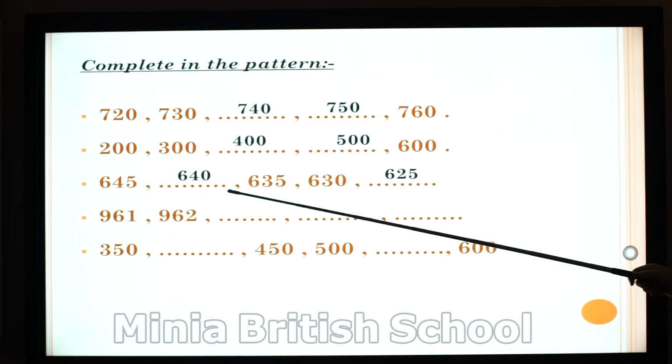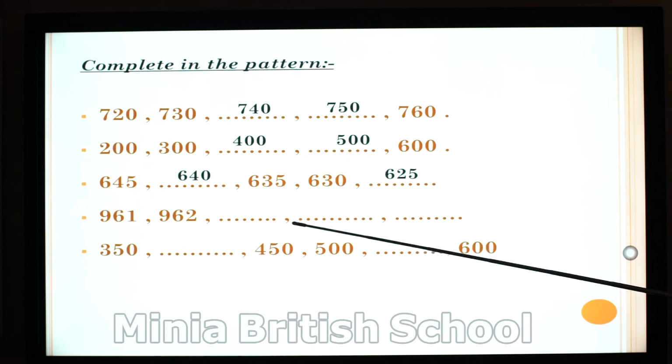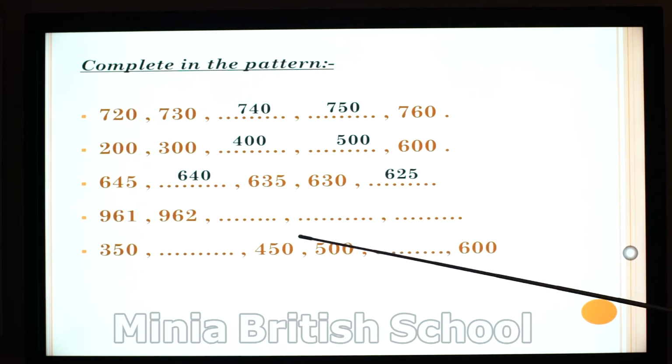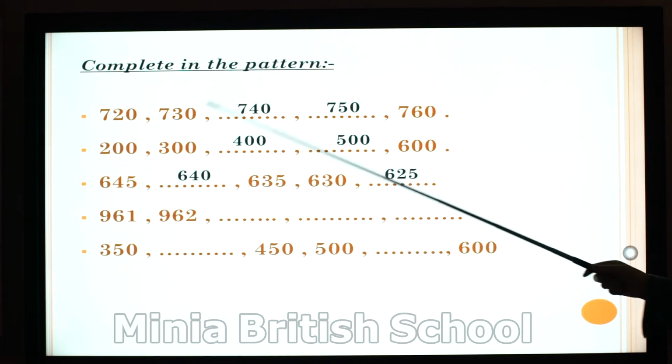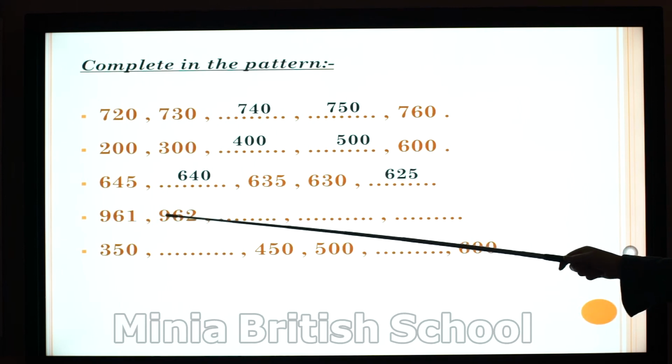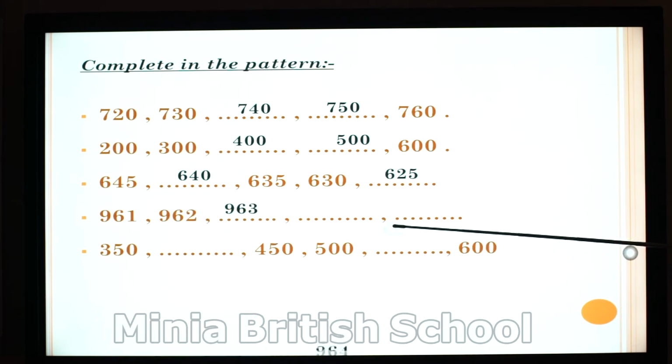Yes, you are counting up. Counting up by 1 or by 2 or by 5 or by 10? By what? It's counting up by 1. So you have to add 1. 961, 962, 963, 964, 965.